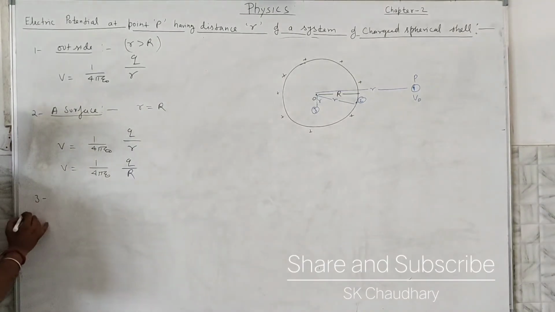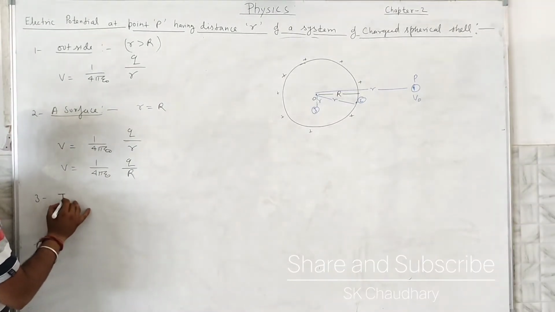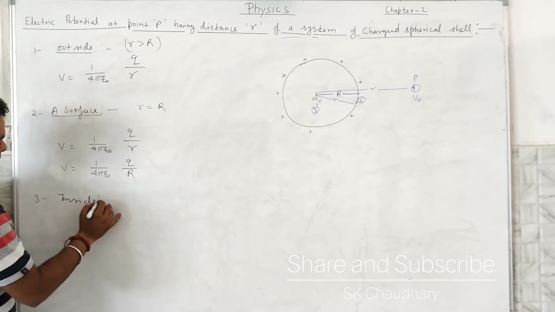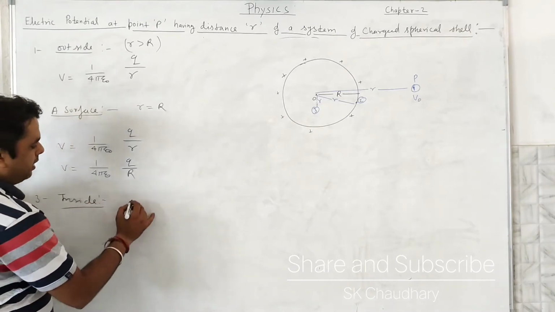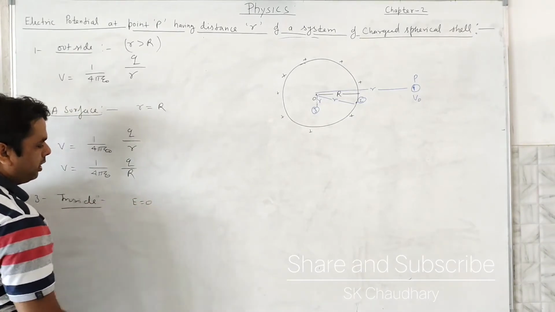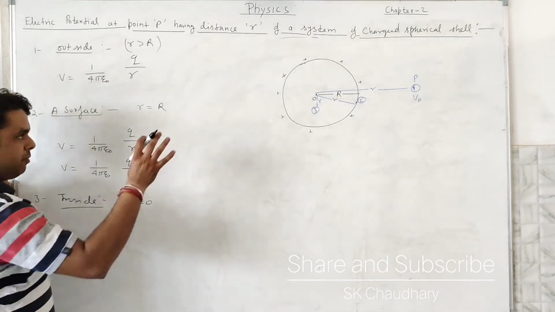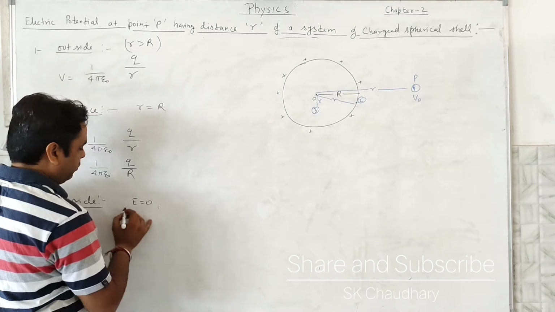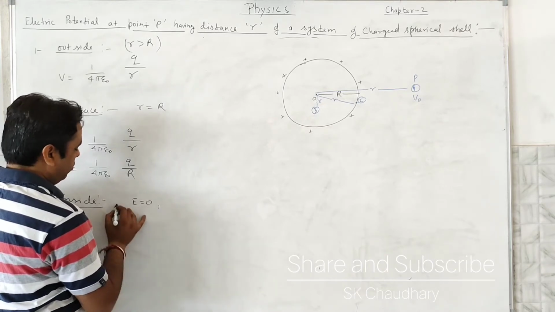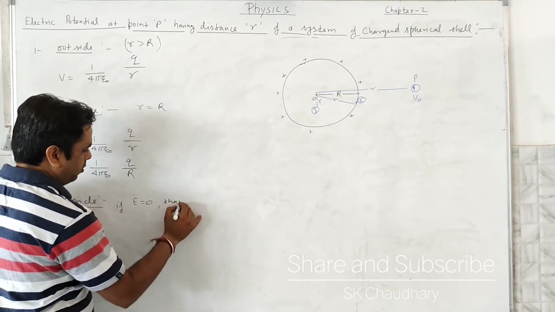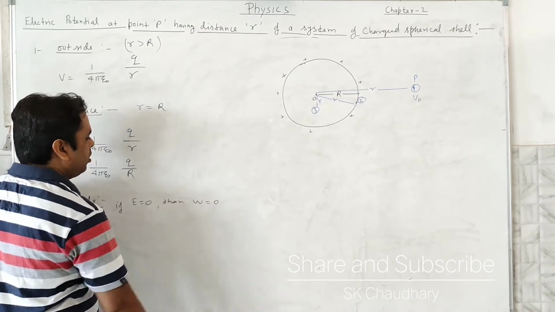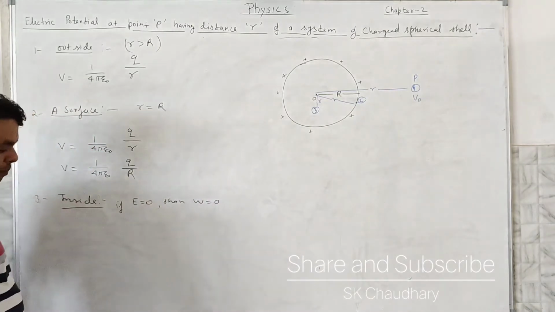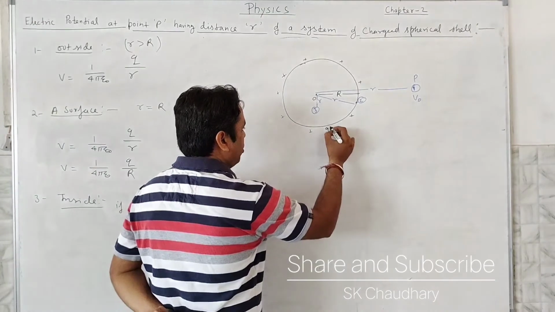Then the third case will be inside the spherical shell. Inside a spherical shell the electric field is 0. We have discussed in the first chapter that inside any metal sphere, the electric field is 0. If the electric field is 0, then the work done is 0 in bringing a charge from the surface to inside.